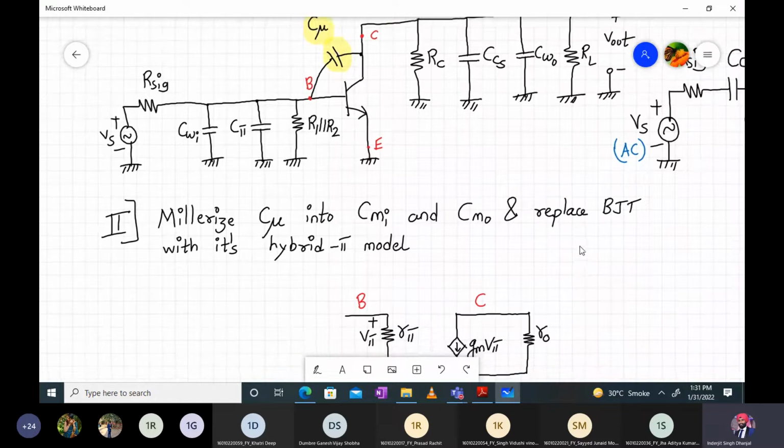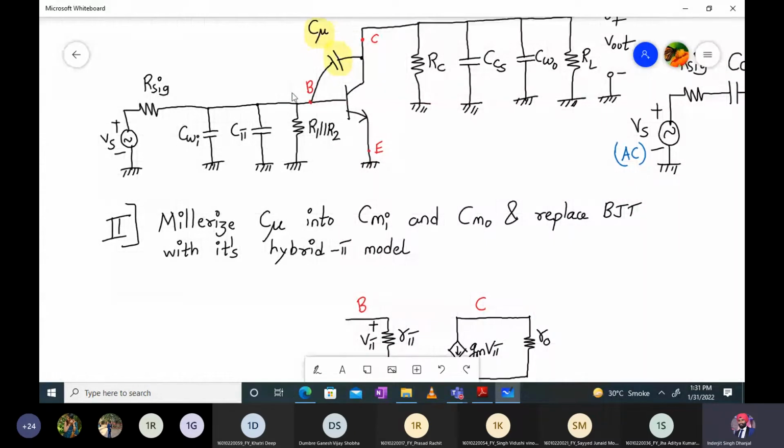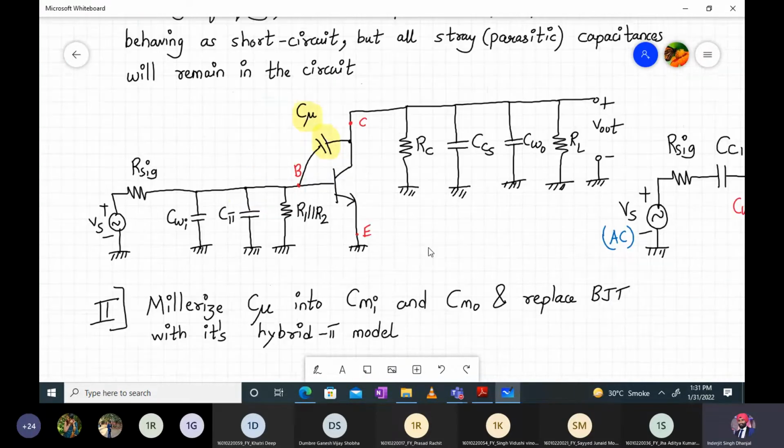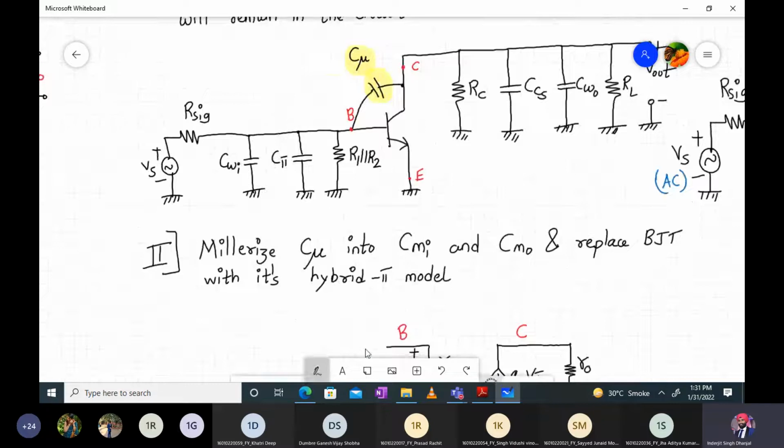Now, what will come onto the left? From the base side, the entire circuit will come as it is, right? Additionally, let me add this. You all have to draw it again, but I can add the circuit. So please draw it again from your side.